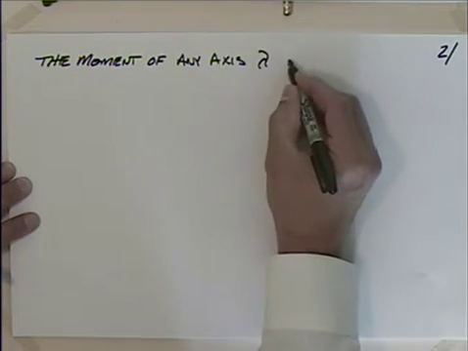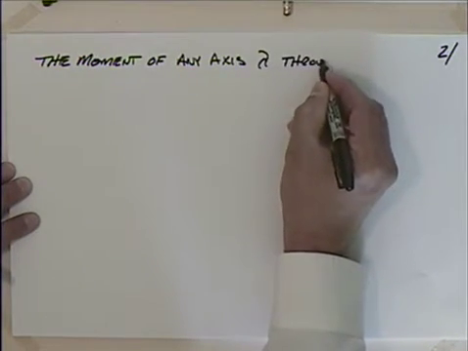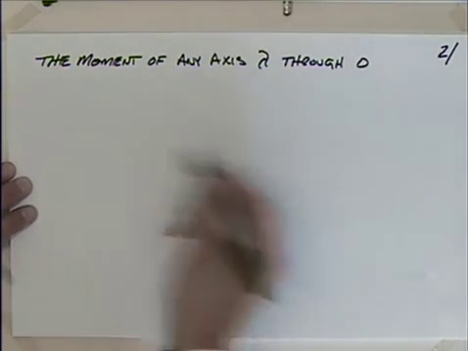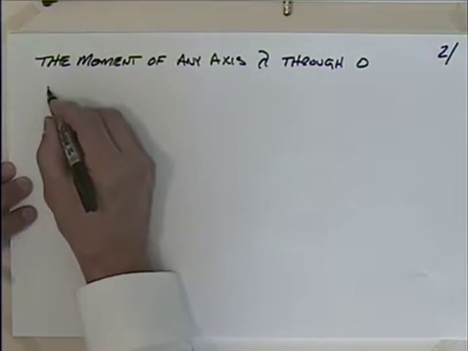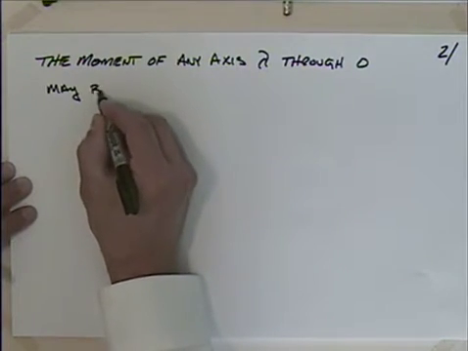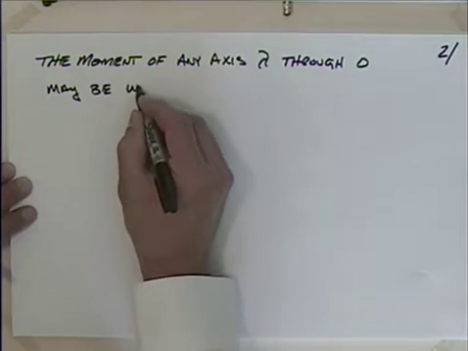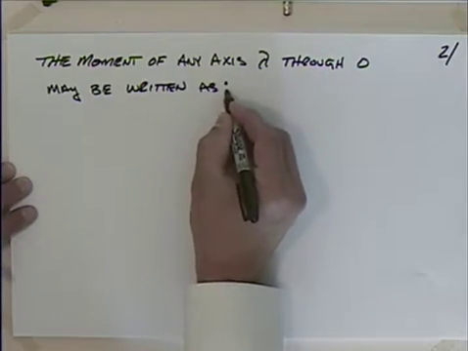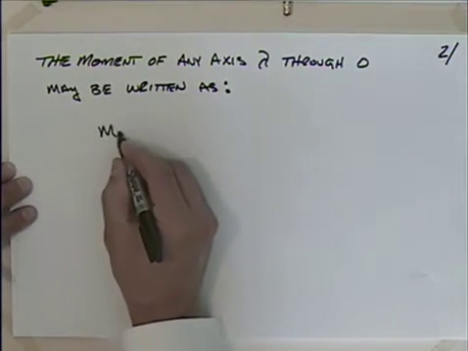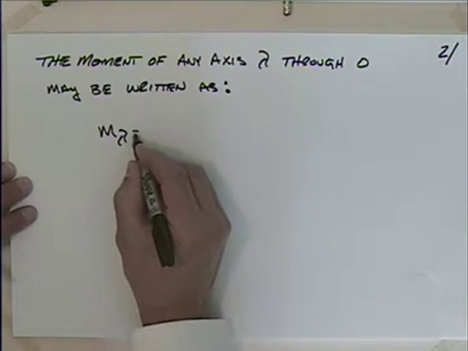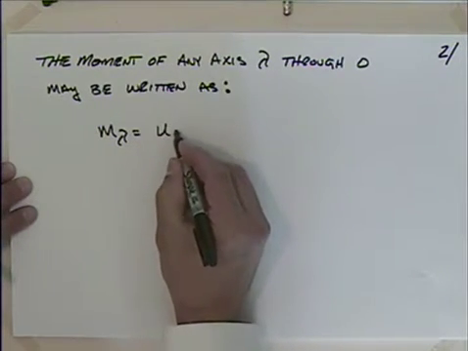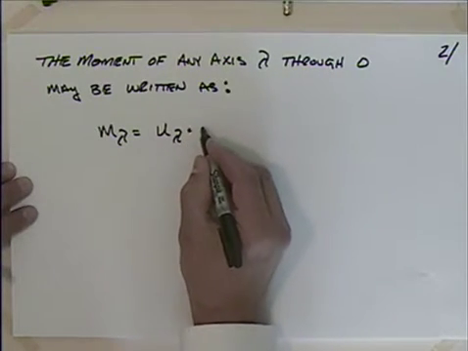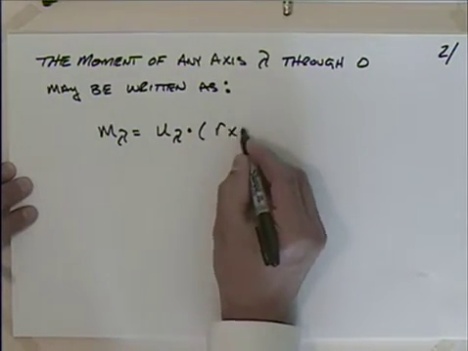We'll call that lambda through O. It can be written as the moment about lambda is equal to the unit vector for lambda dotted with r crossed with F.